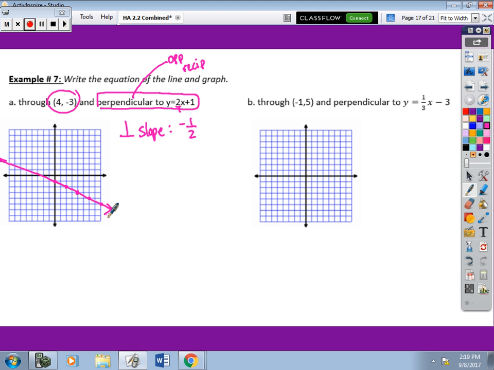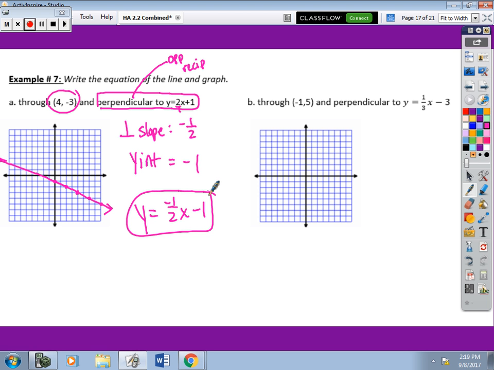If you graph it first, you can then just look at the graph and say, what's the y-intercept? What is the y-intercept? Negative 1. Then just throw that into slope intercept form. So we'll have y equals negative 1/2 x minus 1.